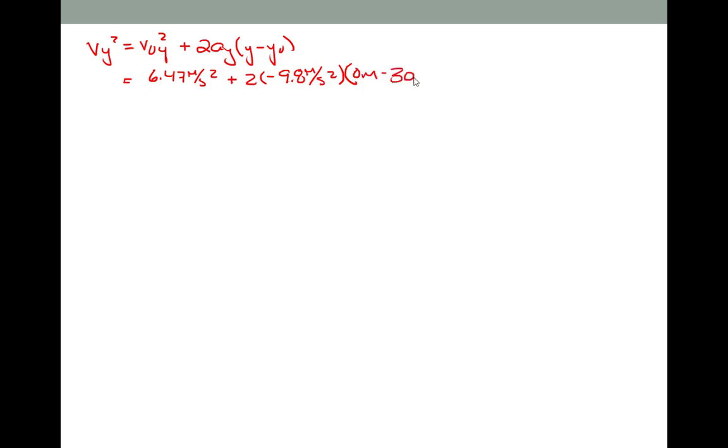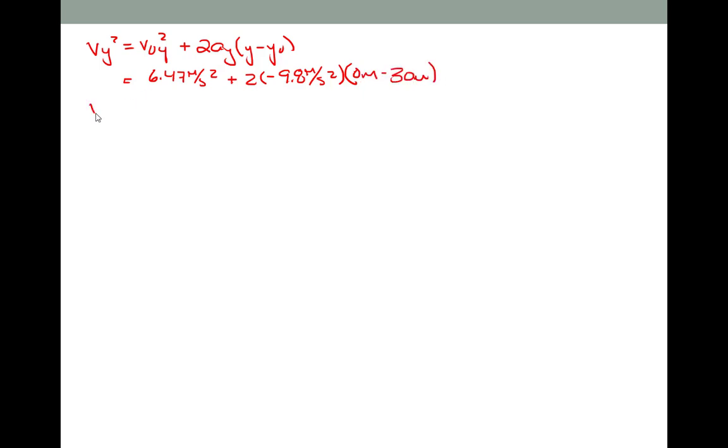So vy squared equals v naught y squared plus 2a sub y times y minus y naught. V naught y was 6.47 meters per second, the whole thing squared, plus 2 times negative 9.8 meters per second squared times 0 meters minus 30 meters.